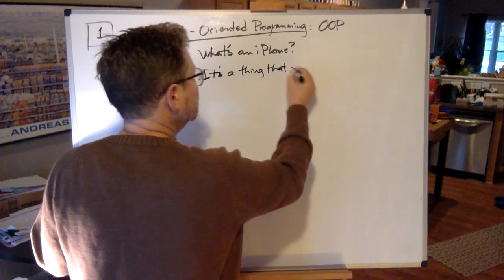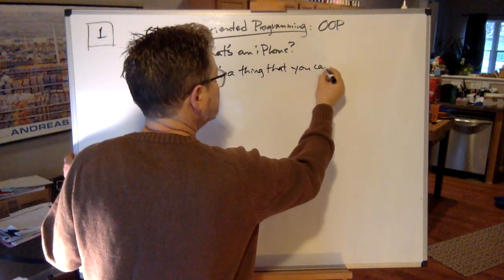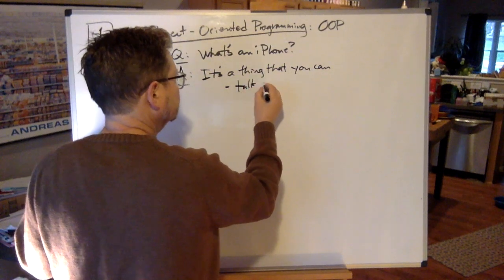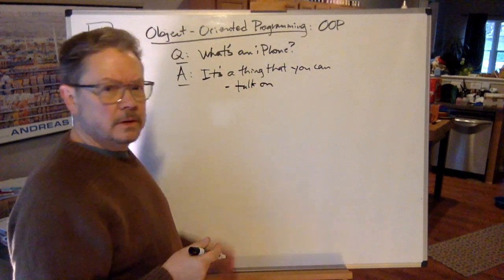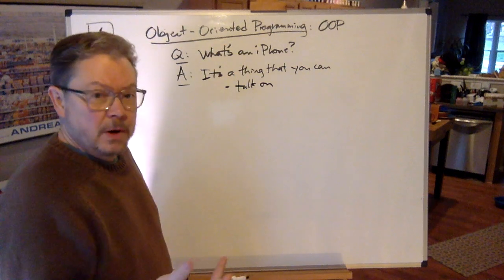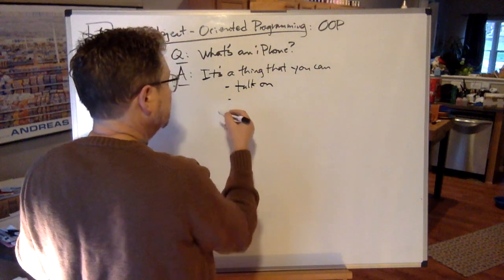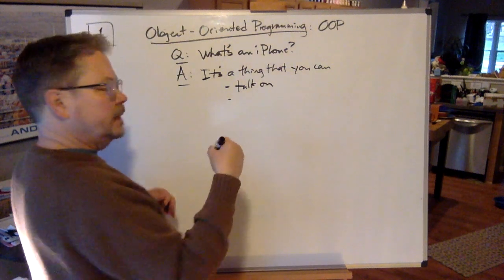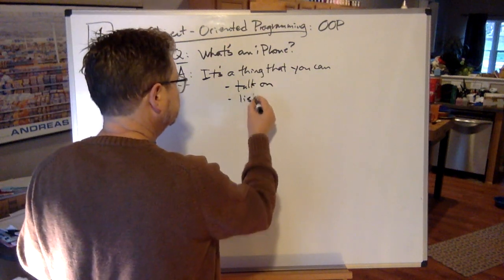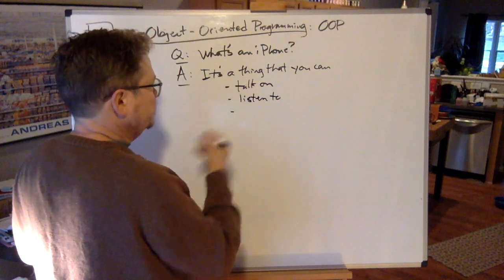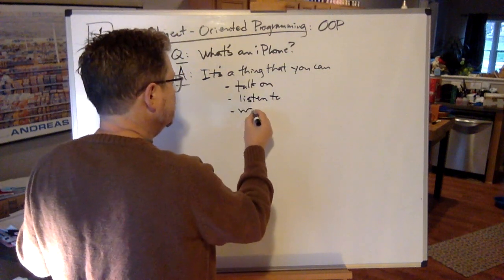that you can talk on, assuming conversations. You're not going to talk yourself on there. So it's a phone. It is a phone. So you talk on it. You ideally someone will be talking back to you, so you can listen to it. And it's a smartphone, so you can watch videos on it.